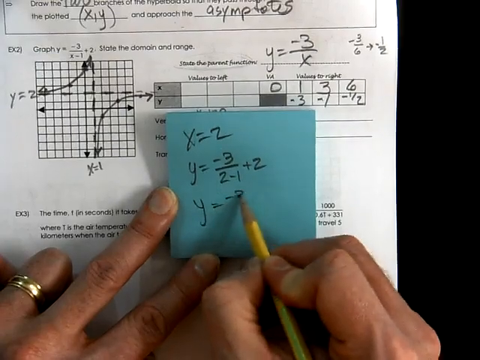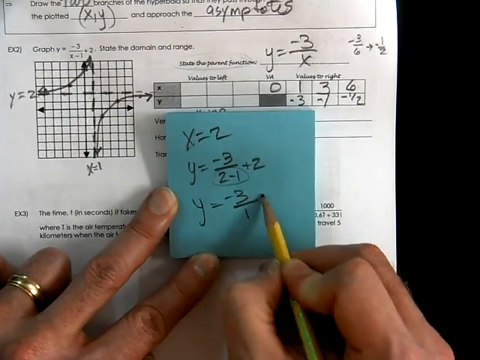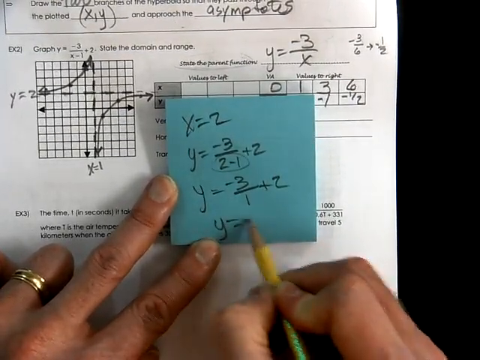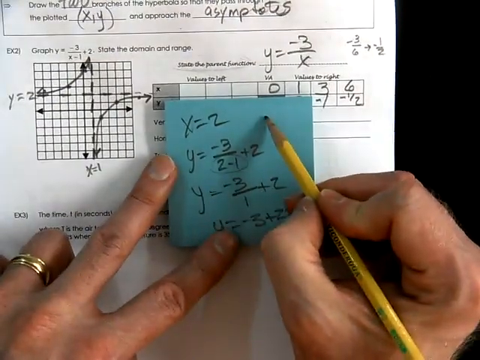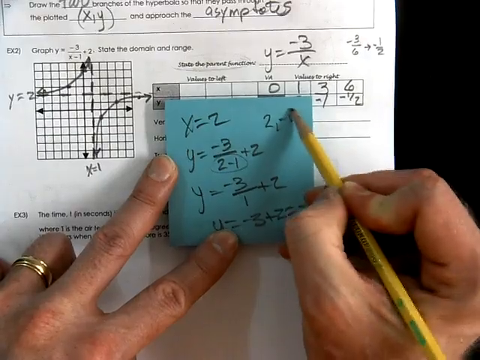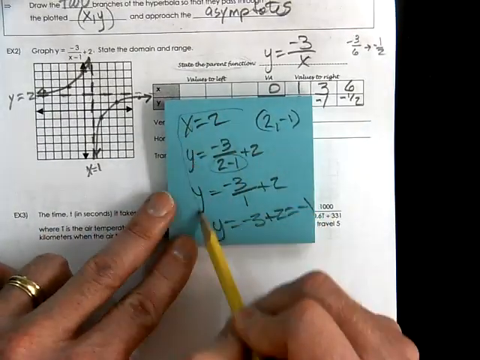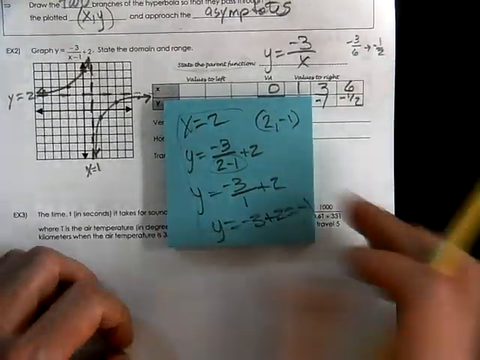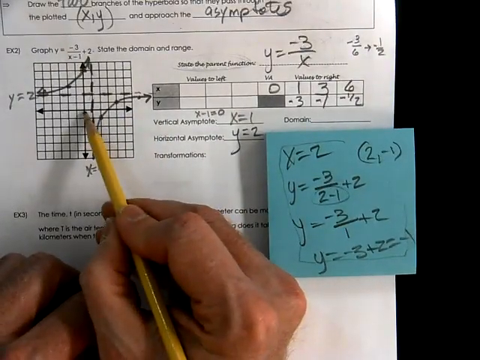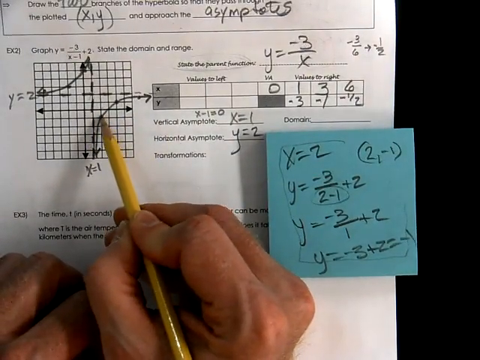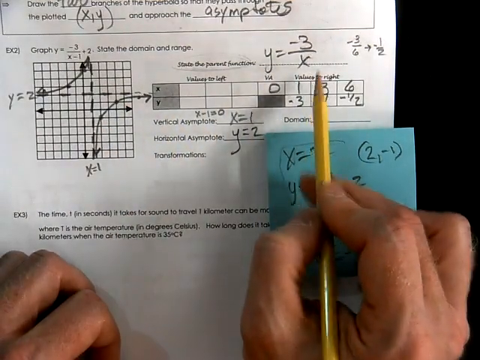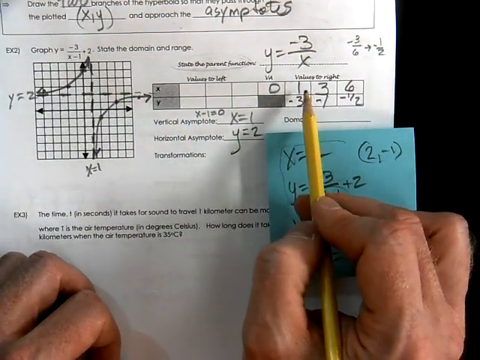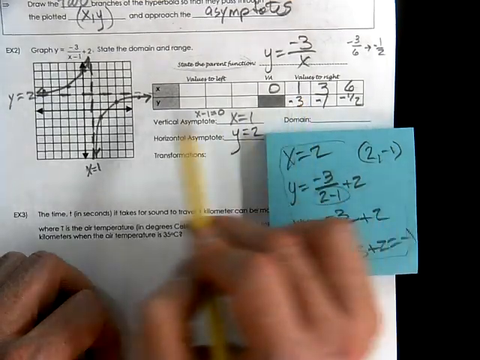That becomes negative 3 over 1, plus 2. Negative 3 plus 2 is negative 1. So you have this point, 2 comma negative 1. It took you all those calculations to determine that. And you went 2 to the right and down 1. But we got that just by using simpler math and going 1 to the right and down 3.